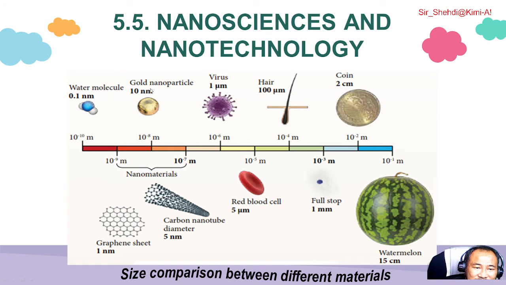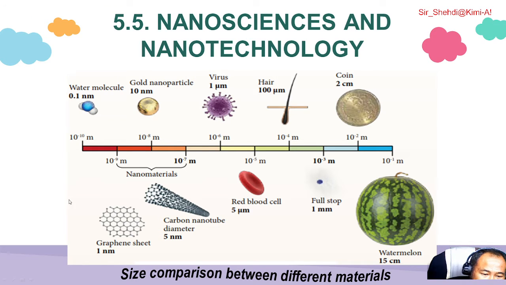Next is your gold nanoparticle, 10 nanometer. Carbon nanotube diameter, because the shape or design is a long cylinder, because the object is cylinder shaped, 5 nanometer. Graphene sheet, the type of shape is hexagon, 1, 2, 3, 4, 5, 6.